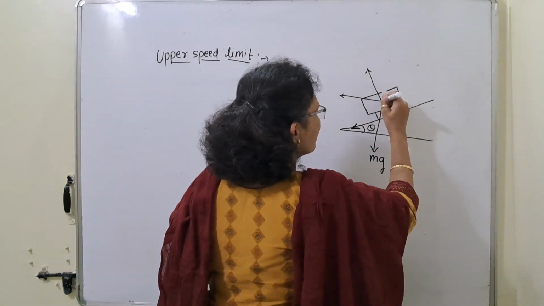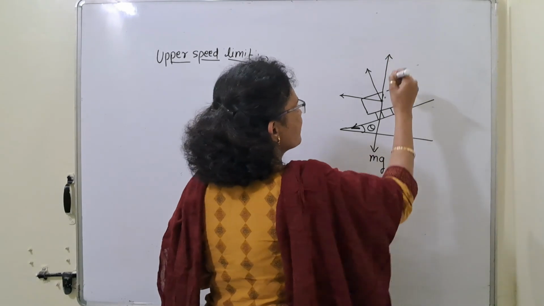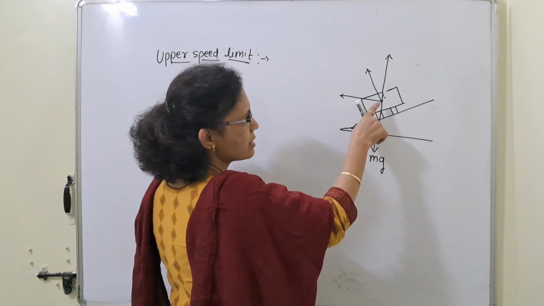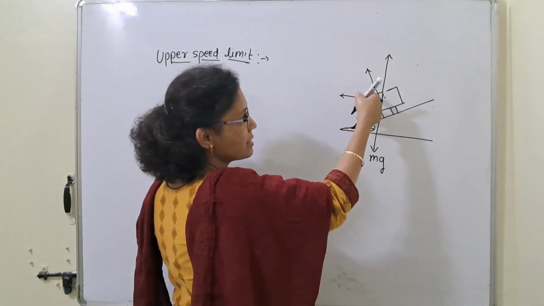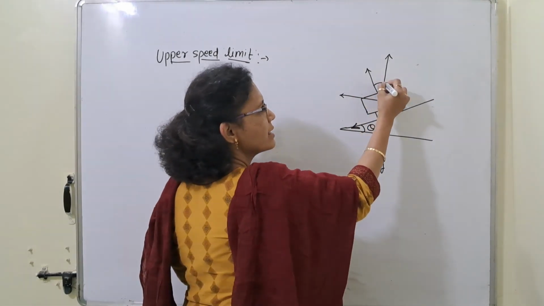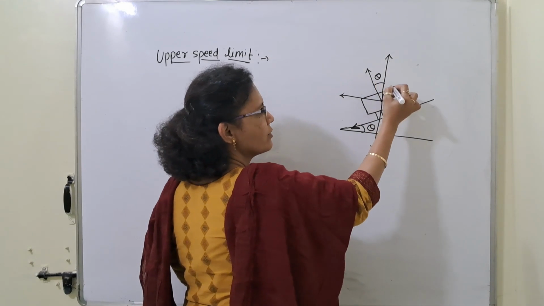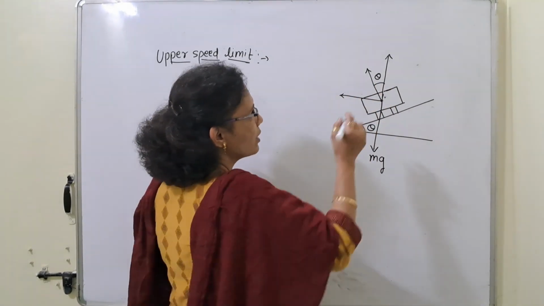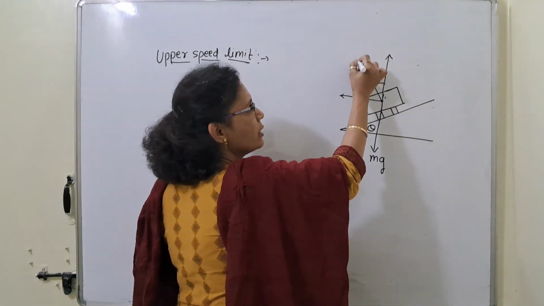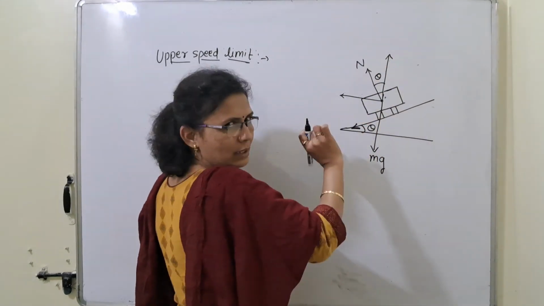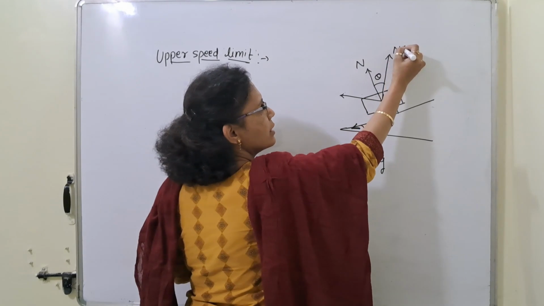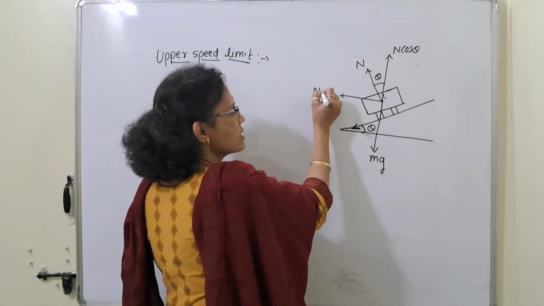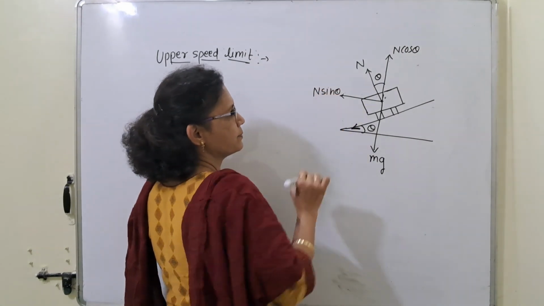If this is theta, this angle will be theta by alternate angles, then this is 90 minus theta, and this will be theta. In the last lecture we considered how this angle will be theta. So the component near to theta is n cos theta, and the perpendicular one is n sin theta.